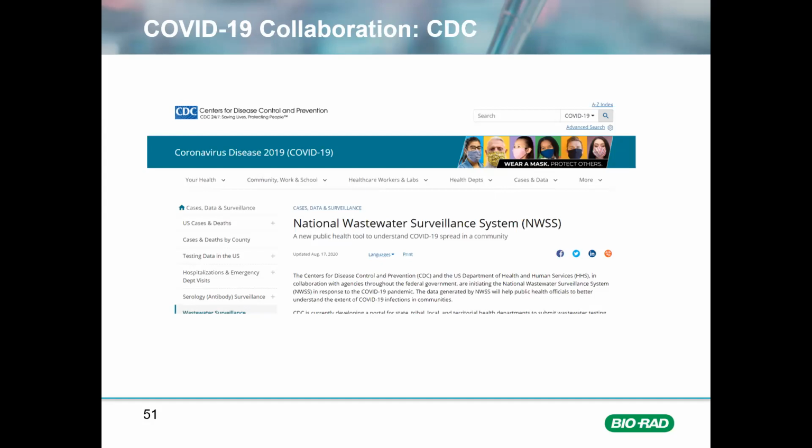Recently, the CDC has generated a national wastewater surveillance system where they're working with towns, locales, cities, et cetera, for wastewater monitoring, where these groups can submit all of their data to the CDC for processing and generation of nationwide monitoring of the viral load in wastewater. And I believe they're making funds available for this as well.